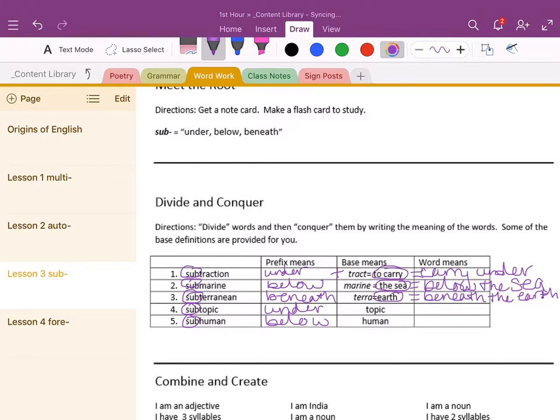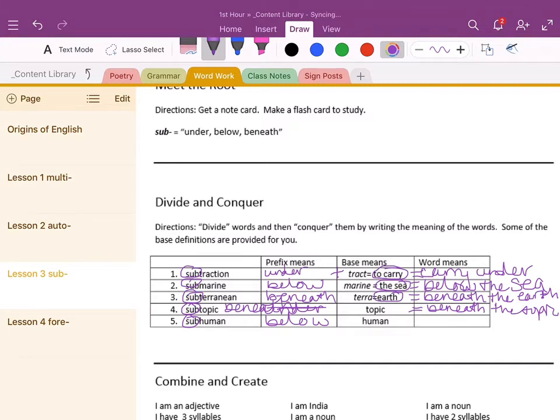Let's do beneath here, since it was a random writing. So I'm going to do beneath, and then topic is just topic. So when I have a subtopic, it's under the general topic. I guess I could have left it as under or beneath the topic, right? Or under the topic. So under could have worked as well.